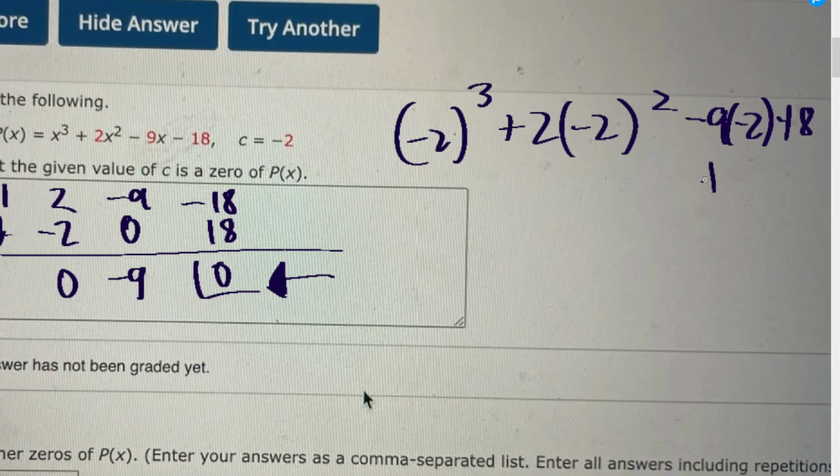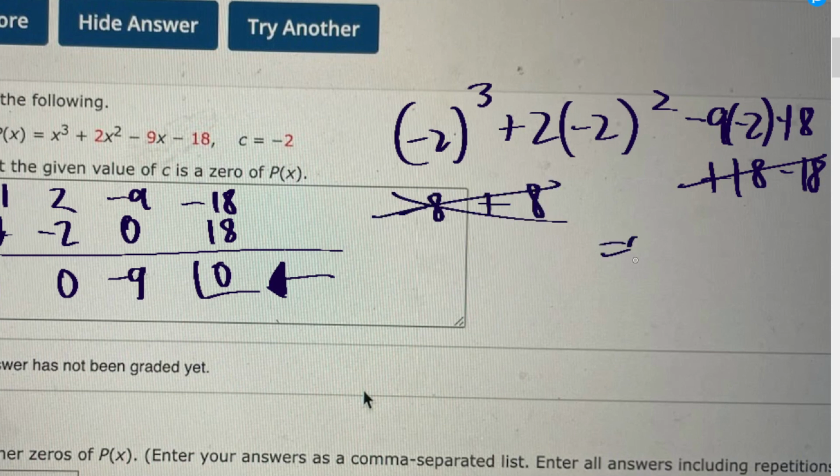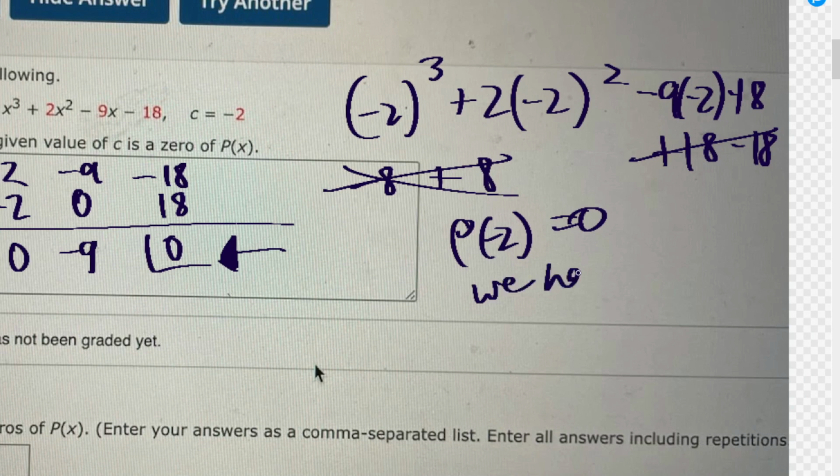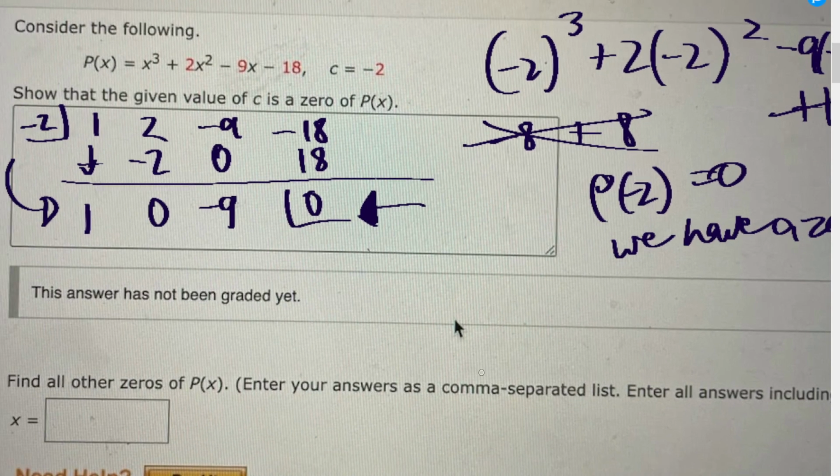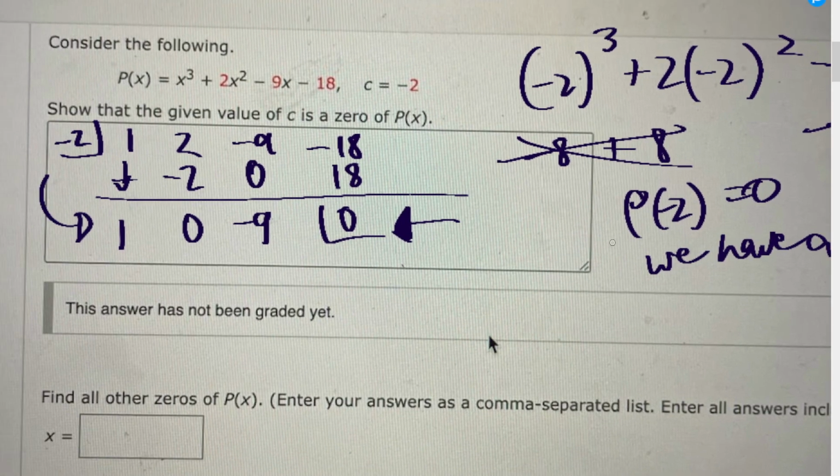This turns into +18 minus 18, which crosses out. This turns into -8 and this turns into +8, and these cross out as well, giving you 0. So P of -2 is equal to 0, which means we have a zero here. That would be your answer for this.